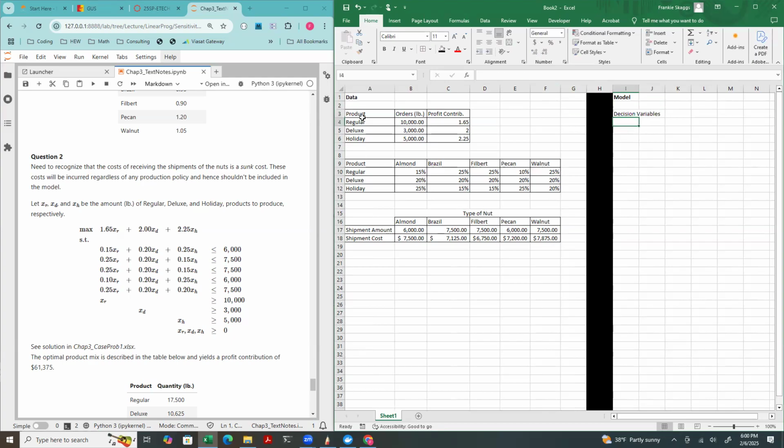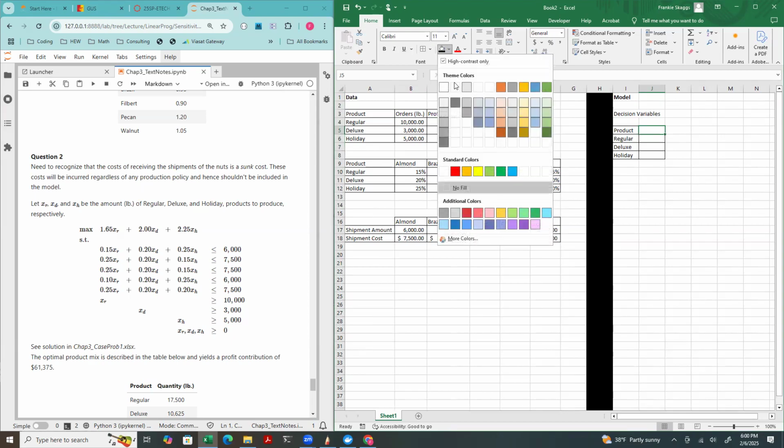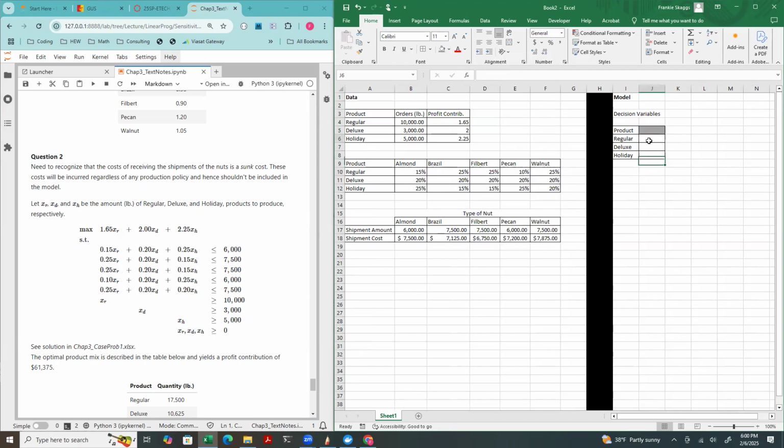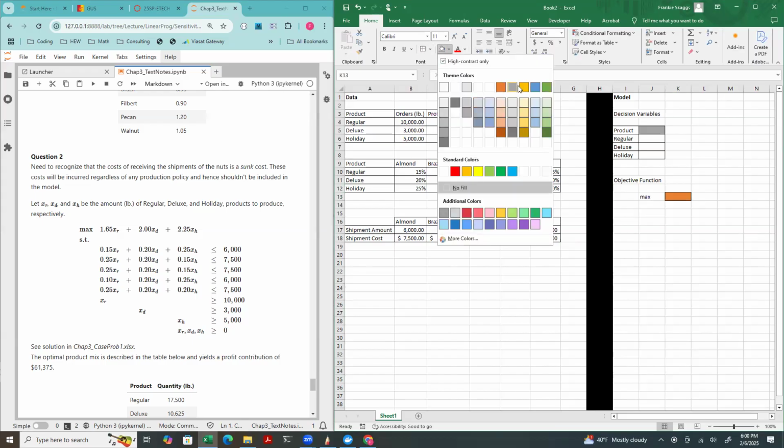And again, I try to keep as much of this formatting the same. So I have something like this. These are my decision variables. I'll have an objective function where I want to maximize some unit profit contributions.